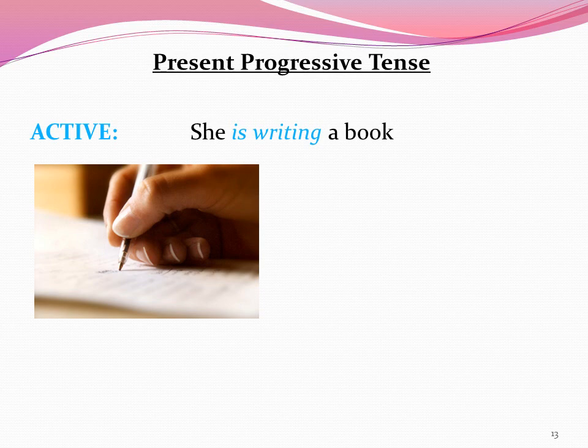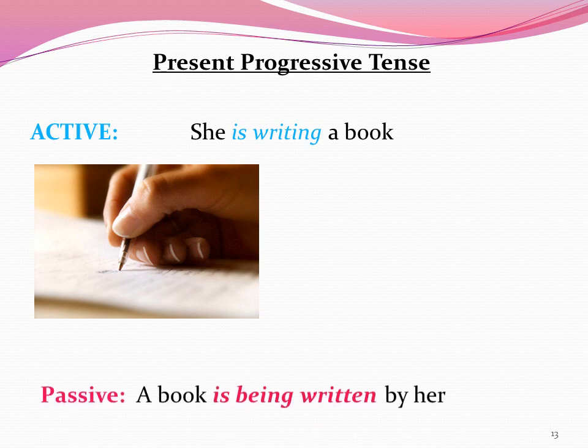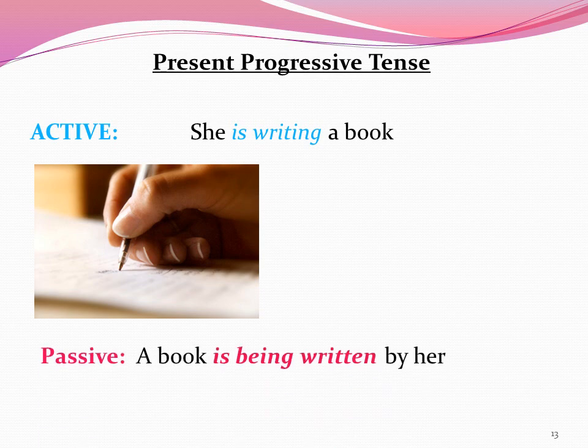Now for the present progressive tense, she's writing a book. Here writing is the present progressive tense, followed by a book, which is the object. It can be changed, but here the rule will change a little bit. We usually add the verb to be in a specific form according to the tense.